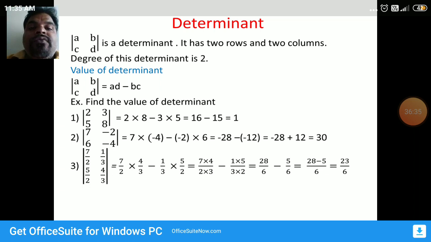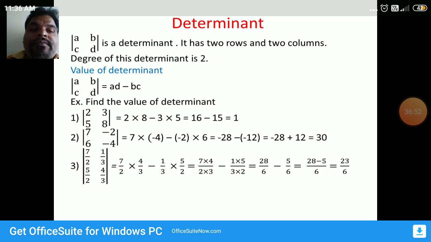Then you find the next determinant, 7 upon 2, 1 upon 3, 5 upon 2, 4 upon 3.